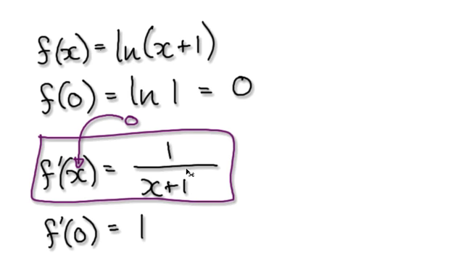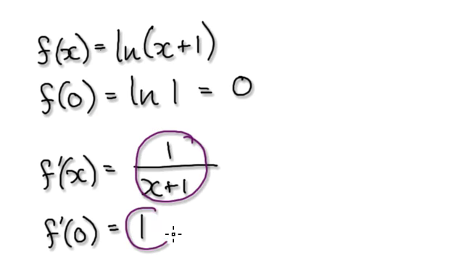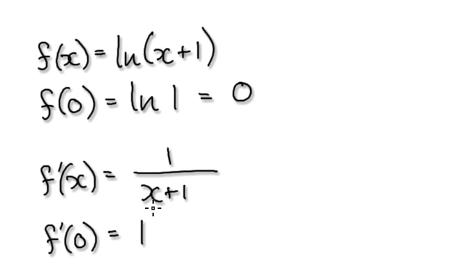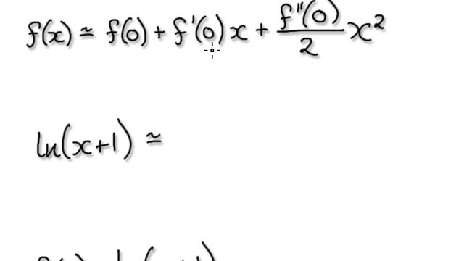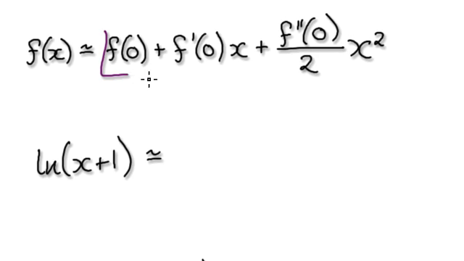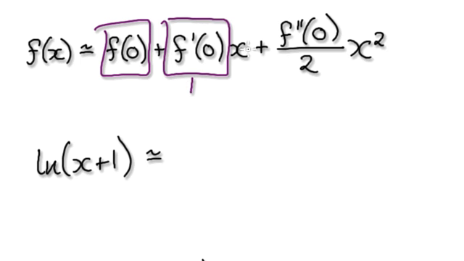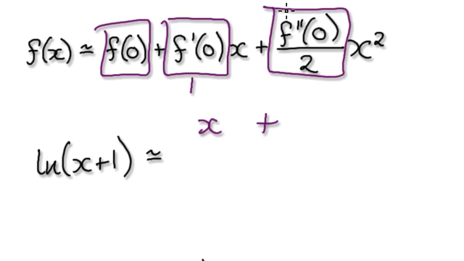When you put 0 into here, this whole thing will be 1. So going back, this box will be 0 and this box will be 1, meaning later on we will have 1x, which is just x, and then plus the second derivative term.